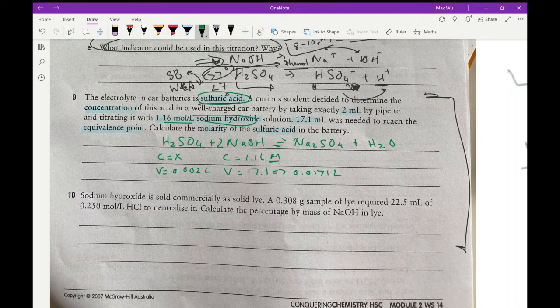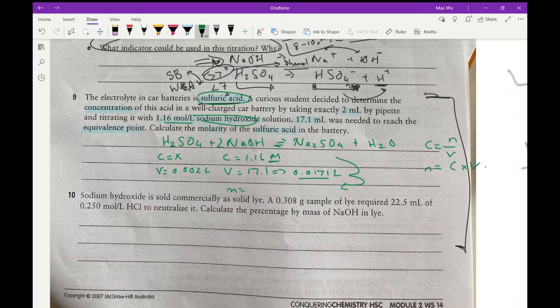Now, what do you know? If you just simply look at this, it sort of flows, right? We have C, we have V, now we want n. C is equal to n over V, so n is equal to C times V, right? So 0.0171 times 1.16. I'm actually going to solve this one because I need to get the intermediate answers.